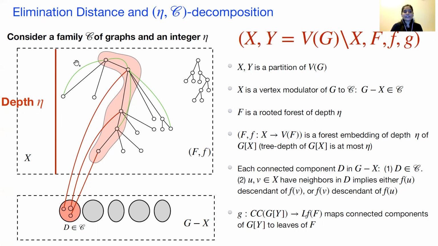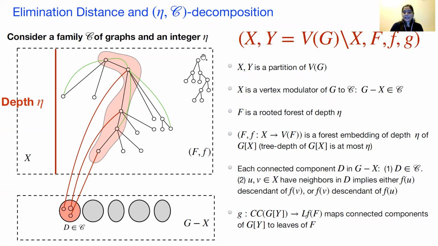If I look at every edge which is inside X, then it should be an ancestor-descendant relationship. And each connected component in G minus X is in graph class C. If I look at each connected component, then its neighbors in the forest F are in the set X, mapped in some root to leaf path.